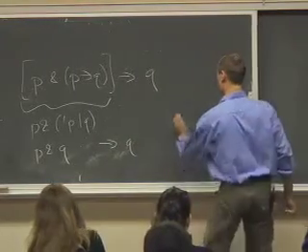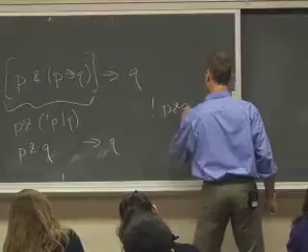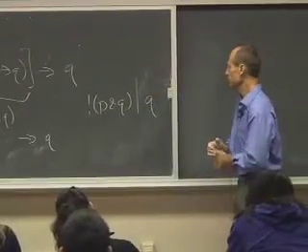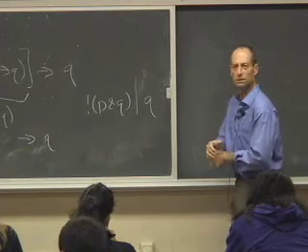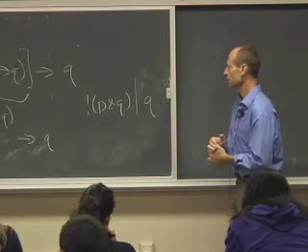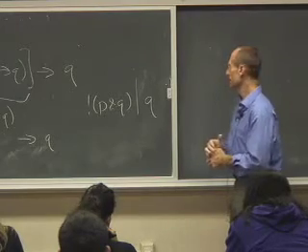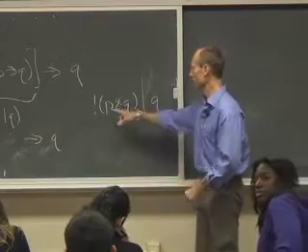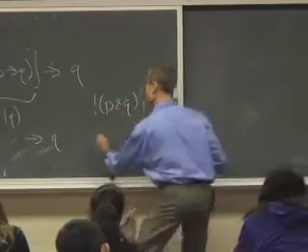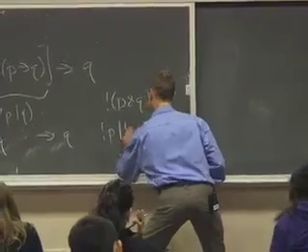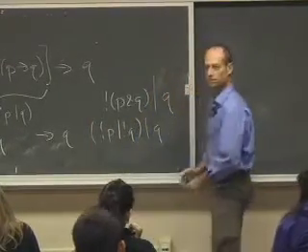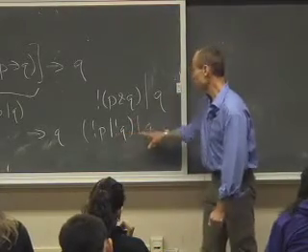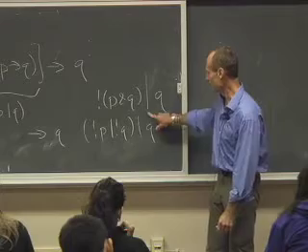So we have not (P and Q) or Q. Not (P and Q) is not P or not Q. So we have not P or not Q or Q. But now this is true if Q is true, because then this is true.